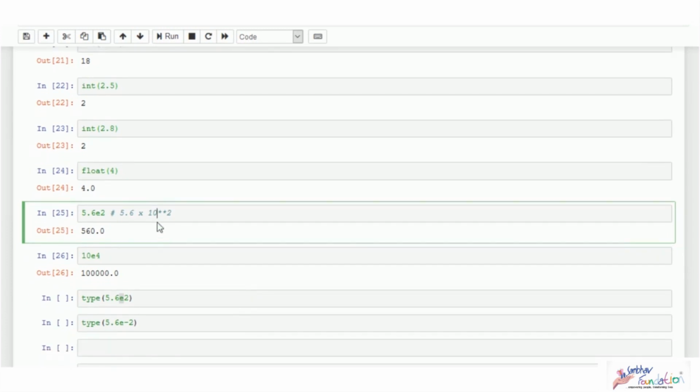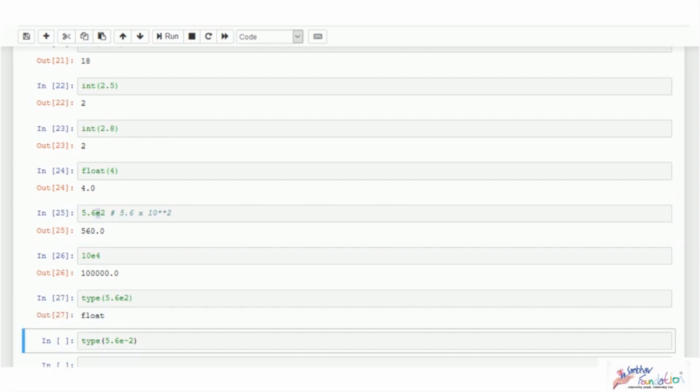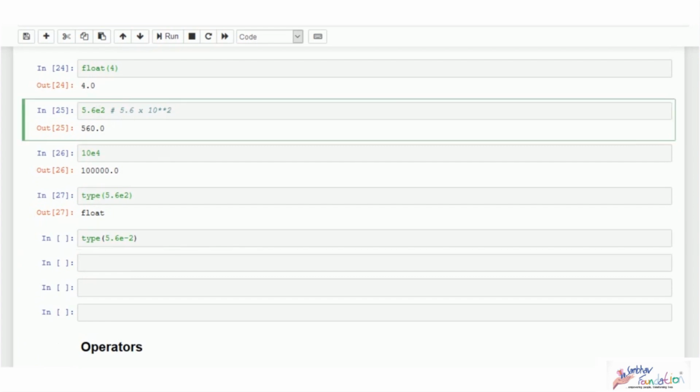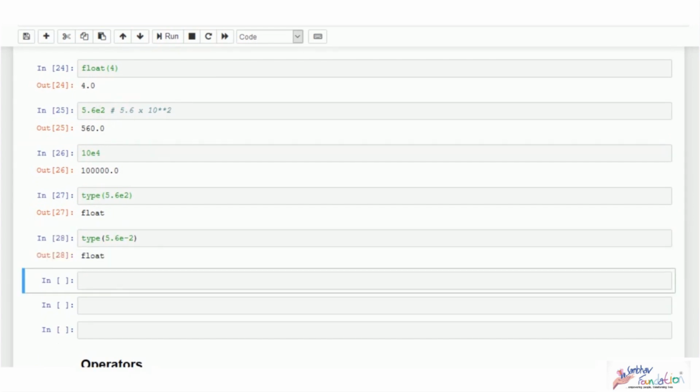So we use this notation within the numbers where the small e means into 10 power. The type function can be applied to these too. As I said, scientific representations are always floating point numbers, so the type of that is float.